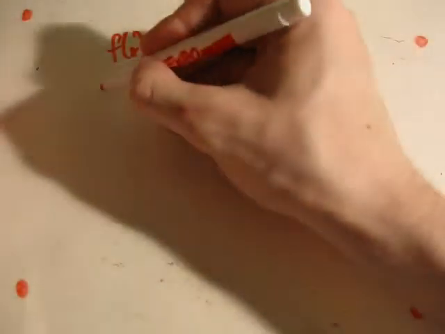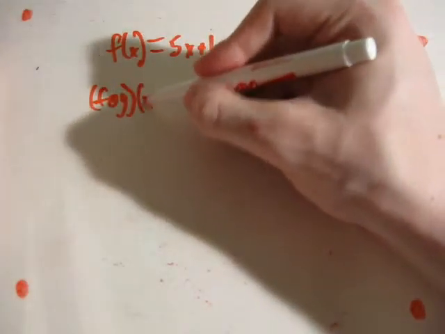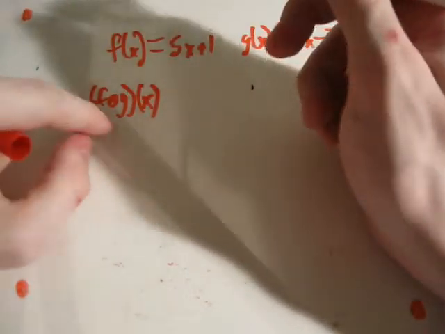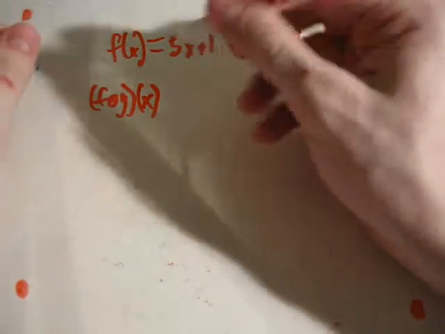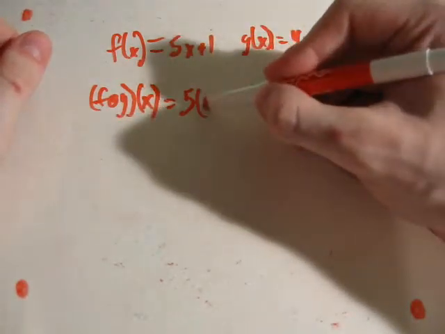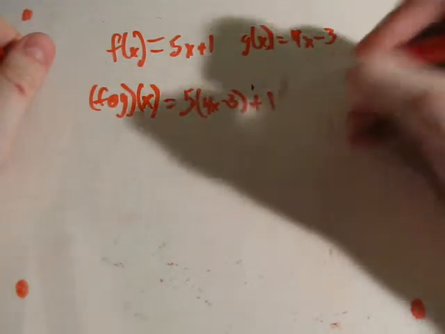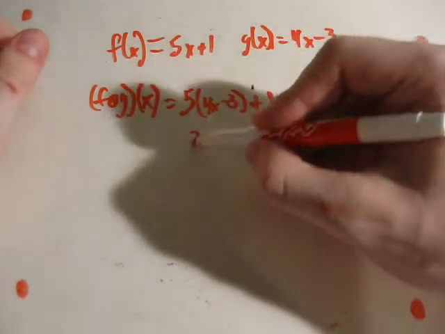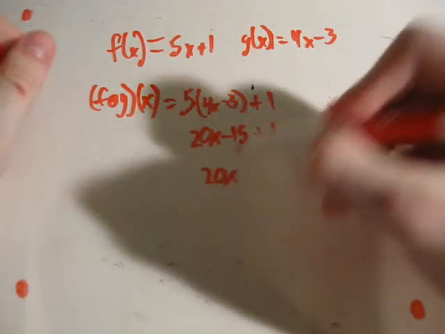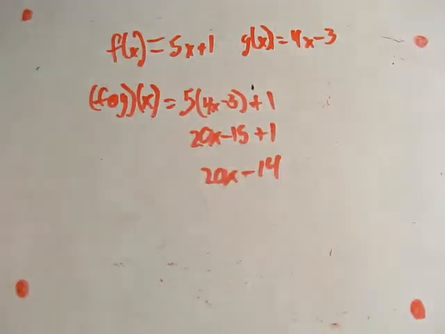And we're going to compose g into f. Remember, the second one's going into the first one, okay? So we're going to put 5 times 4x minus 3, the whole thing's going in there, plus 1. That becomes 20x minus 15 plus 1. 20x minus 14 is going to be equal to f with composition of g.